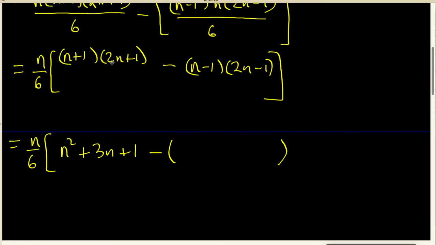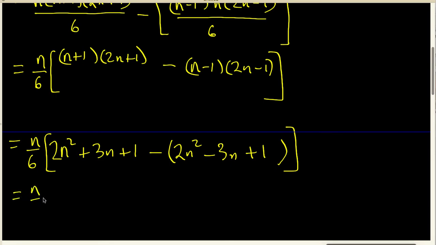This is n times 2n, that's a 2n squared. And then we've got minus 2n minus 1 more n. That's going to be a minus 3n. And then we have a negative 1 times a negative 1. That's going to be a plus 1. And there's my ending parentheses.